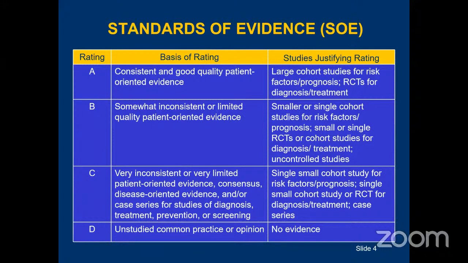B is somewhat inconsistent or limited quality patient-oriented evidence, which is smaller or single cohort studies for risk factors and prognosis, and the same for randomized controlled trials. C is for very inconsistent or very limited patient-oriented evidence, and this is for single small cohort studies for risk factors and prognosis, or a single small randomized controlled trial. And lastly, we have D, which is the unstudied common practice or opinion, and this is for no evidence.